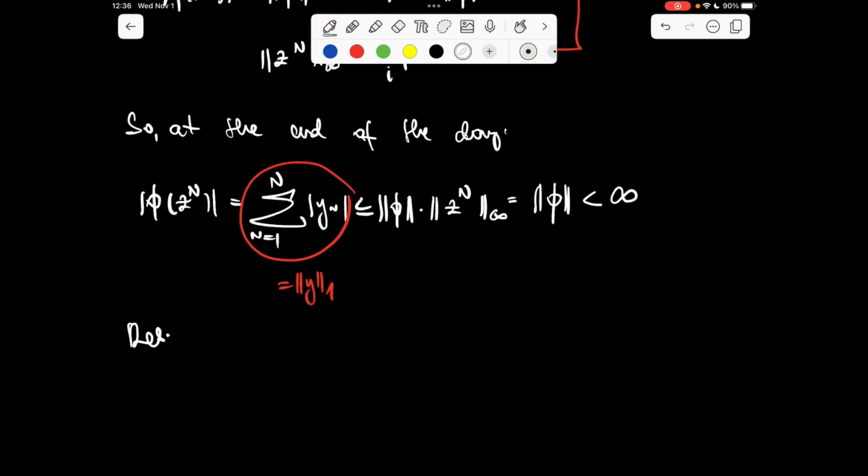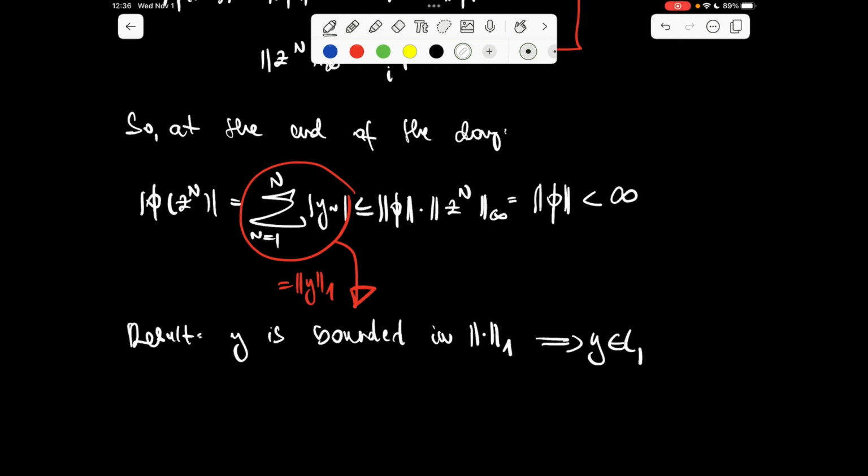Result: y is bounded in this norm. It comes from this fact. Okay, so bounded in this norm, so in consequence y lies in L1.